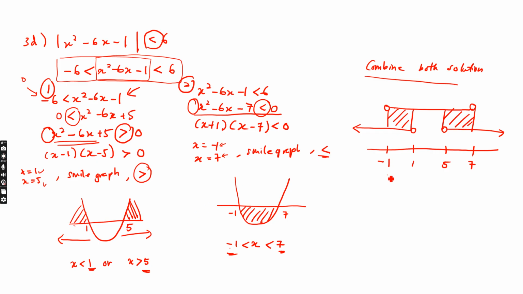So basically, your final solution for x is between negative 1 until 1, and x is between 5 and 7, like that. So this is the final answer.